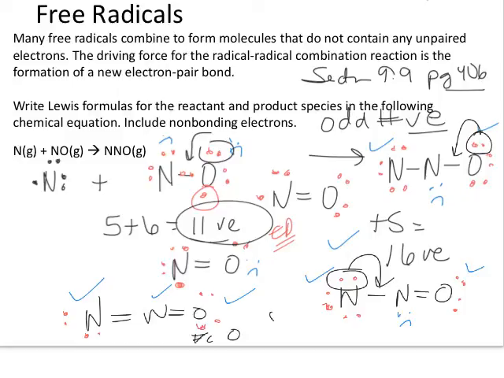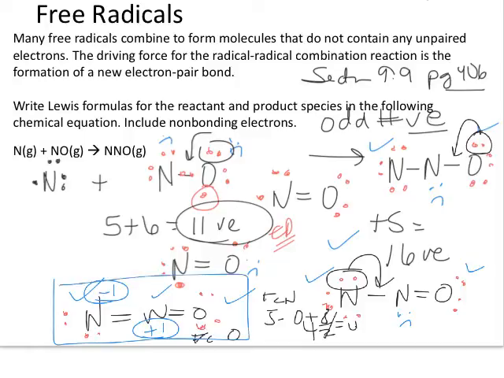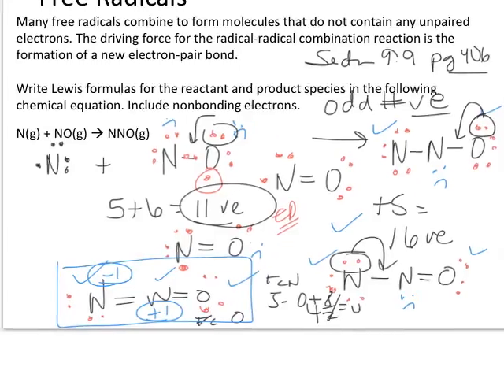The central nitrogen would be 5 minus 0 plus 8 divided by 2, which is 4. So that would be a plus 1. And then this nitrogen would be a minus 1, which would sum up to 0. So that would be the correct Lewis structure.